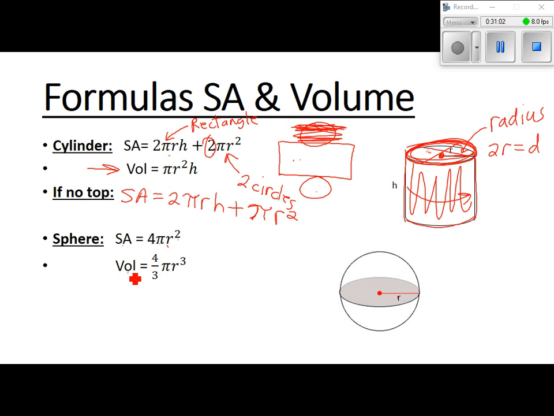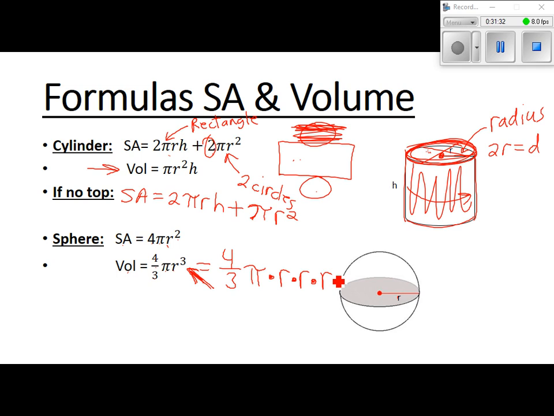And then the volume is always 4 over 3 times pi times radius to the 3rd power. Be careful, make sure that you see that that's to the 3rd power, not to the 2nd power. So that means this formula is 4 over 3 times pi times radius times another radius.